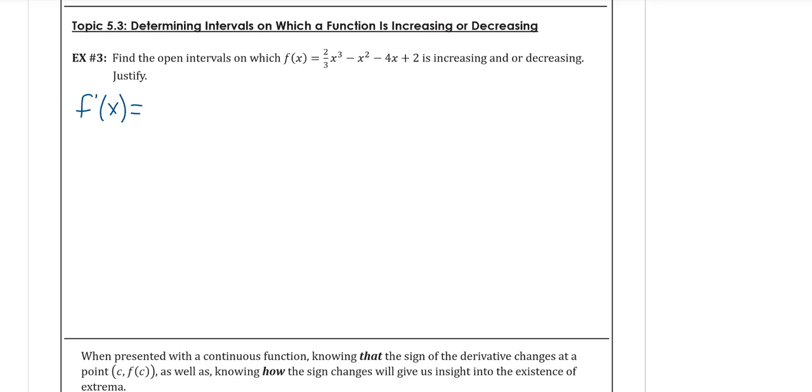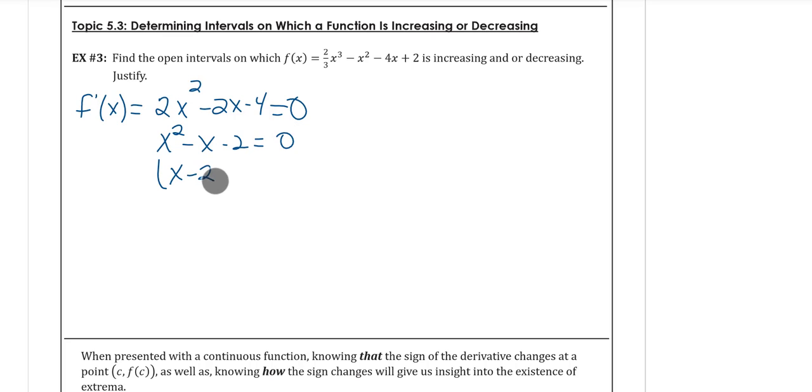So we take the derivative, and we get 2x squared minus 2x minus 4. We set that equal to 0. I'm going to factor out a 2, then factor the quadratic: x minus 2, x plus 1. So I have 2 critical numbers, one at 2 and one at -1.